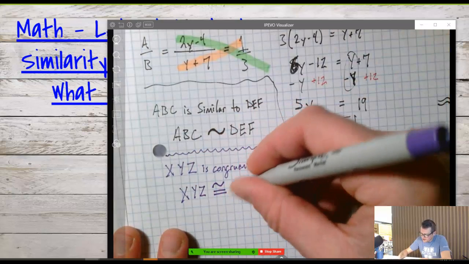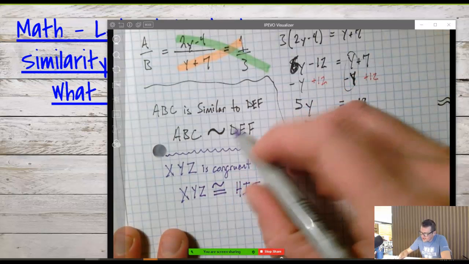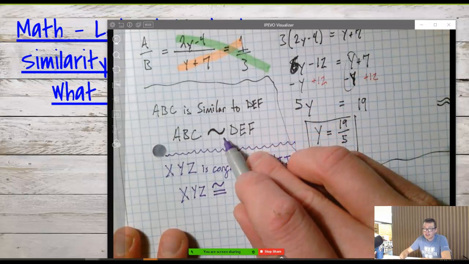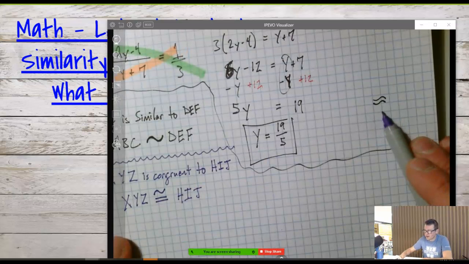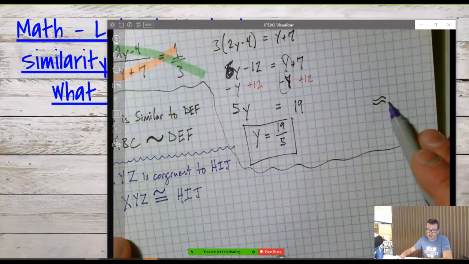Whereas similar is just the single squiggly line, because they're not equal. They're not even approximately equal. They're similar.